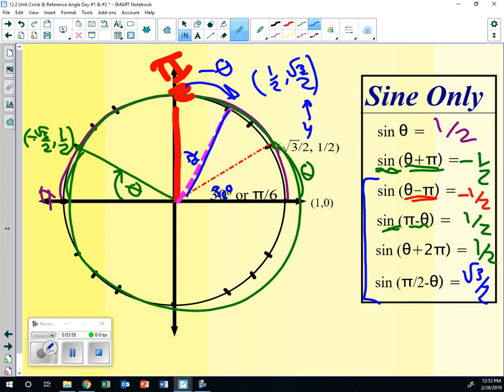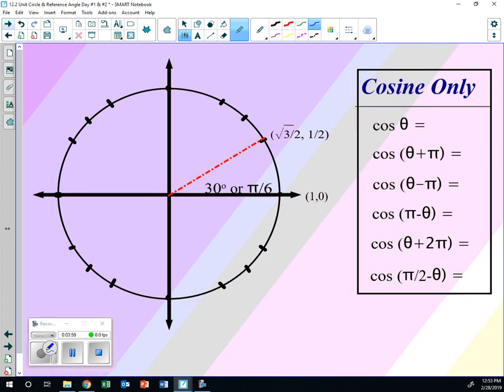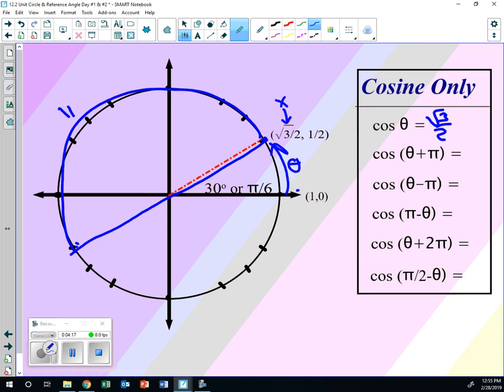Wow. Now the next one we're going to try is with cosine. You try these all with cosine. For this being theta, you start at 0 and end up here. The cosine is the x, so this will be square root of 3 over 2. When I add pi, I end up at the point we were at before, negative square root of 3 over 2, negative 1/2.